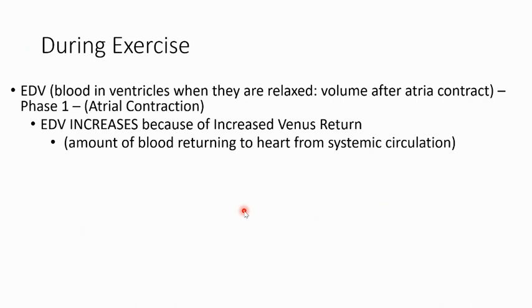Remember, the inferior and superior vena cava are dumping into that right atrium, and they're dumping more into the right atrium due to sympathetic stimulation, due to physical activity. So the amount of blood returning to the heart from the body is increased. That's increased venous return, which will ultimately increase the amount of blood sitting in those ventricles prior to contraction.